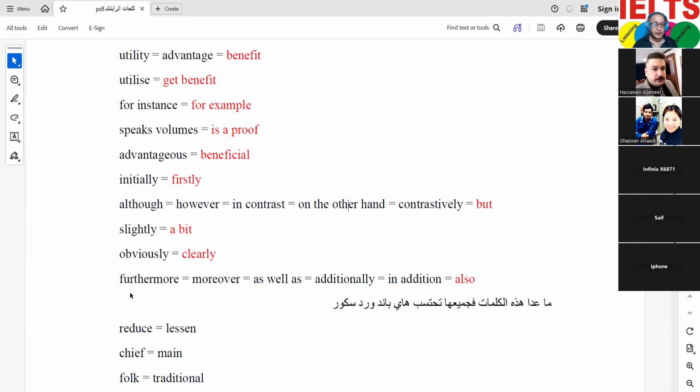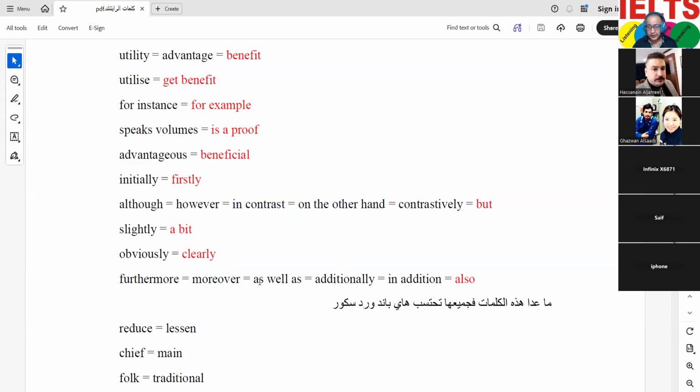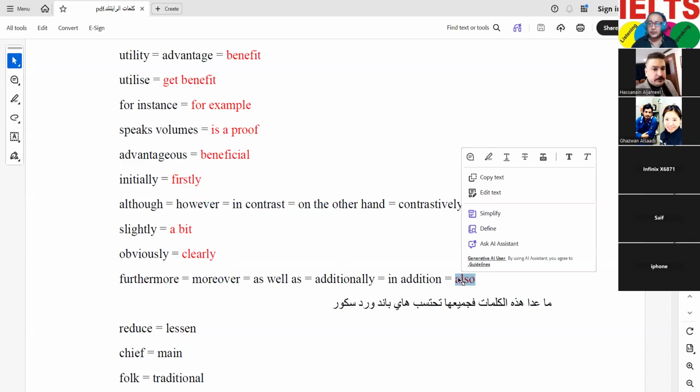We have linkers to express addition: furthermore, moreover, as well as, additionally, in addition. They mean also. Avoid using also in the IELTS because it changes the meaning of the sentence depending on its location in the sentence.